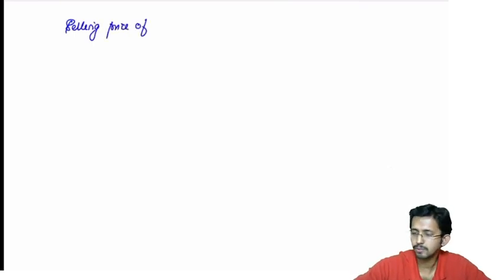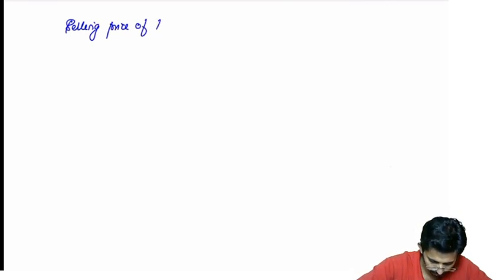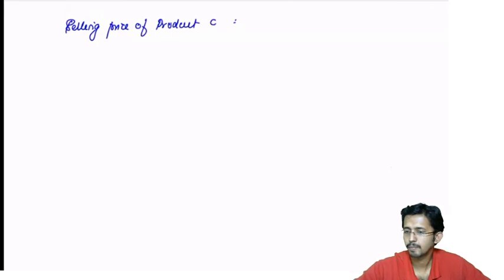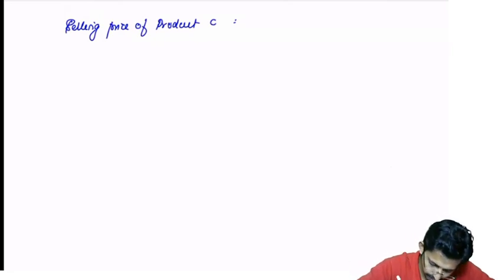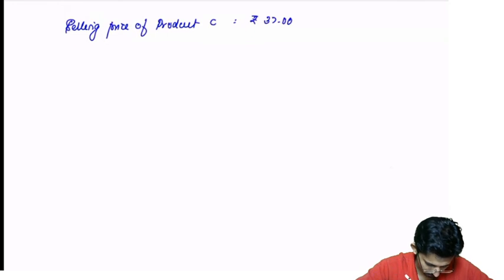Selling price of product C is rupees 37.